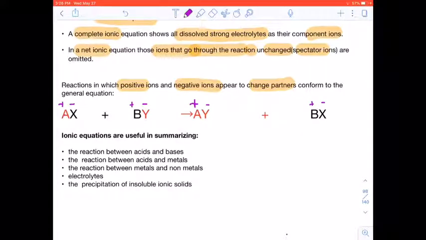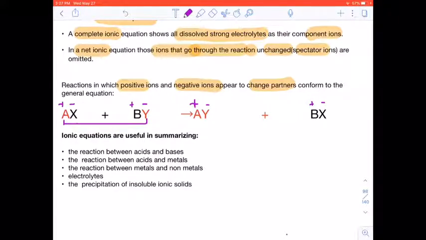What happens in this situation is you have A with its partner X minus. What then happens is the partners can change, like we see here.